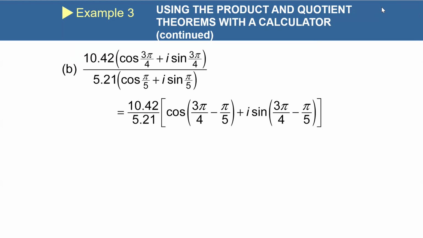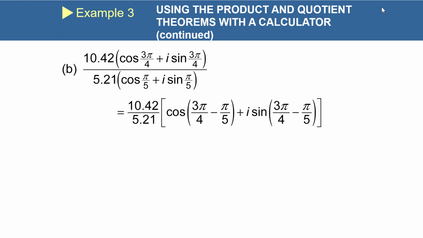Okay, we're going to simplify at this point. So in order to simplify, you're going to divide the radii and subtract your angles. It gives us 15 minus 4, which is 11 pi over 20. Right.